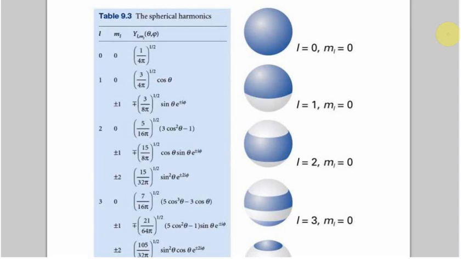So this one doesn't show you any shapes. All it is showing you is the sign, whether it's positive or negative. Unfortunately, this fellow sin theta e to the power plus minus i phi cannot be plotted because it has a real and imaginary part, right?